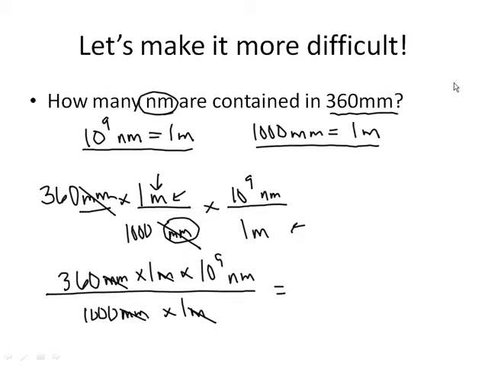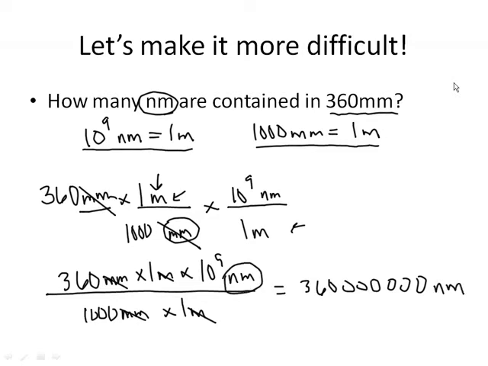When I put it into my calculator, I've got 360 times 10 to the 9th divided by 1,000, which is a big long number. I get 360, 1, 2, 3, 4, 5, 6. Let's just check. 1, 2, 3, 4, 5, 6, 7. And my units that I'm left with, remember from my math, are nanometers.